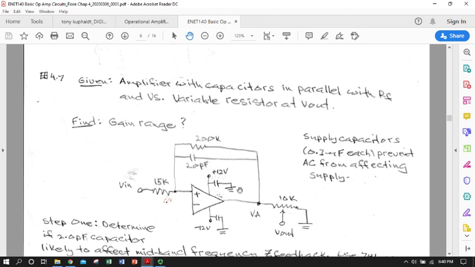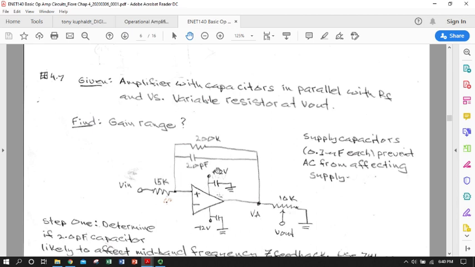So if, for any reason, we had some kind of AC signal coming into the supply, it would shunt to ground and then not come in and affect the amplifier. We want the supply voltage to stay DC, so that's good.